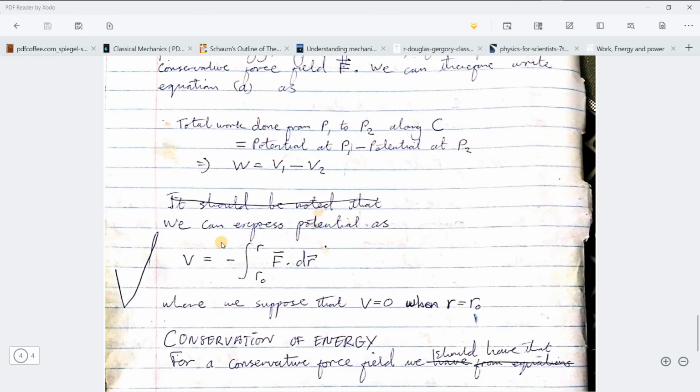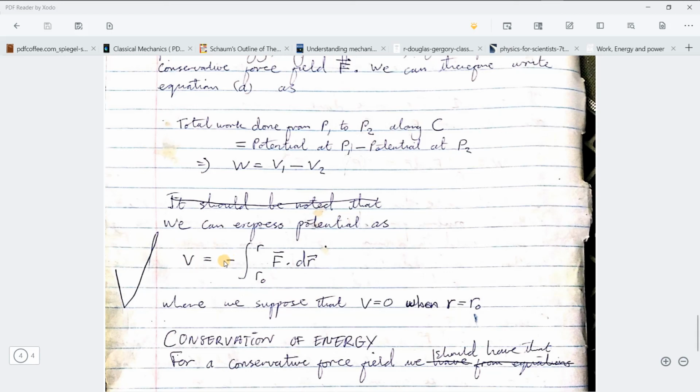Alright, and we're saying here that we can express potential as V equals minus the integral of F dot dr from R0 to R, or you can say from initial R to final R. That is how we can find the potential.